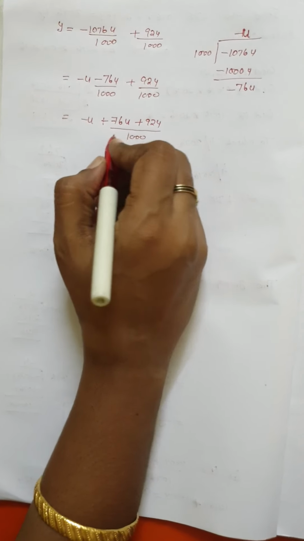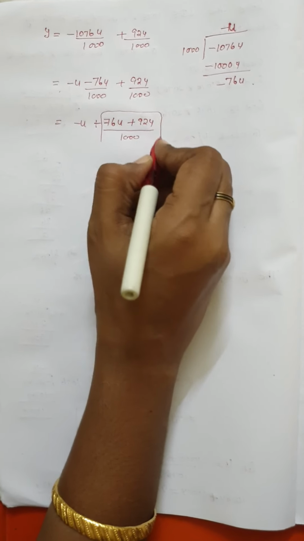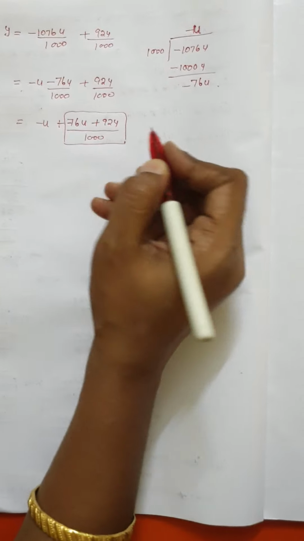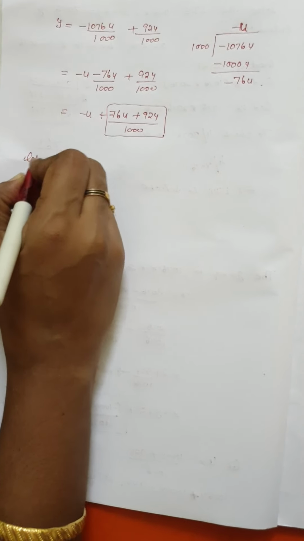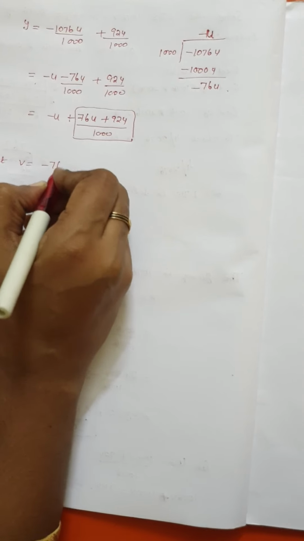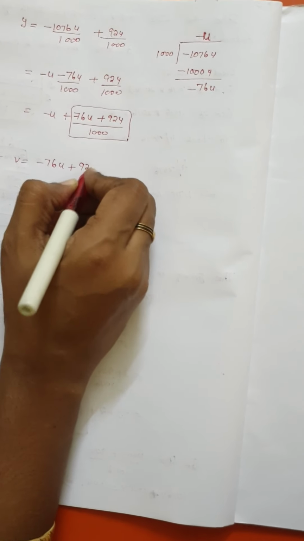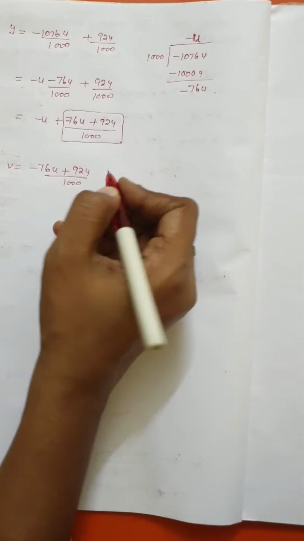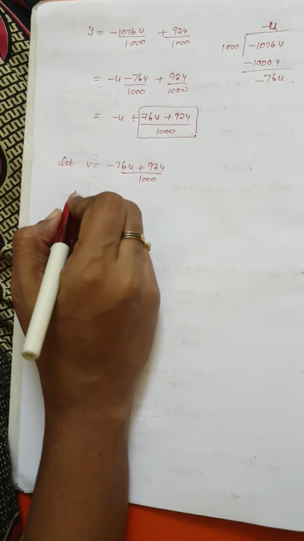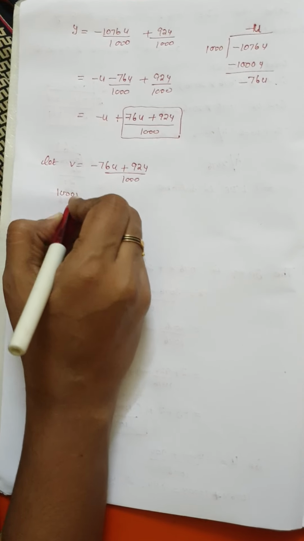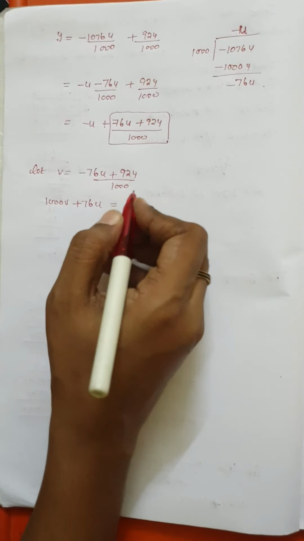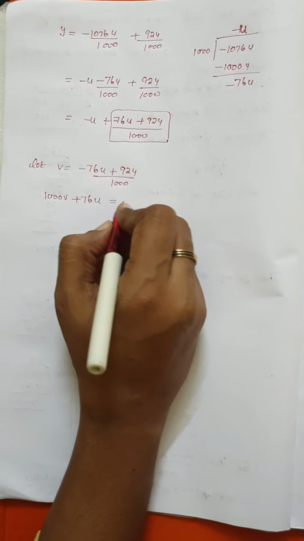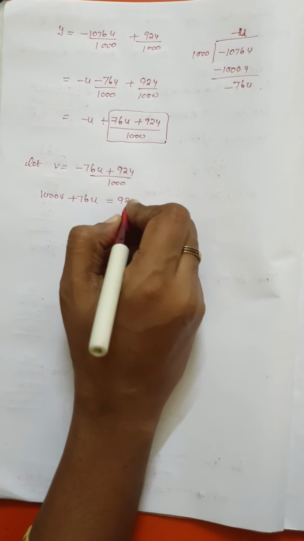Again here we consider the rational number minus 76u plus 924 divided by 1000 as v. Let v equal to minus 76u plus 924 divided by 1000. From this we can find the equation as 1000v plus 76u equal to 924.